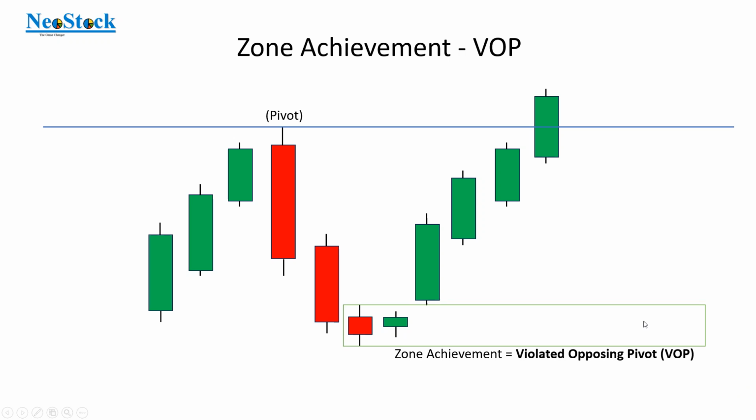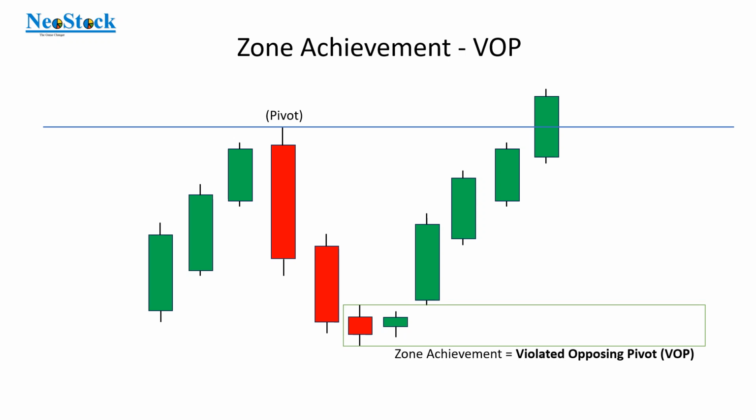Because we don't have the confirmation, if a zone is not having any achievement, we can say it is an uncertain zone. There are no certain proofs available. What is certain proof? Zone achievement. Zone achievement is a proof. It confirms the zone is a powerful zone.